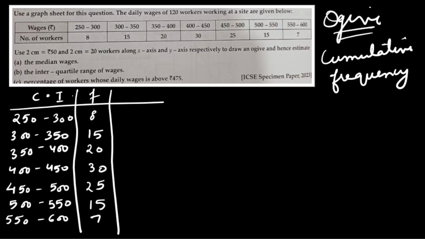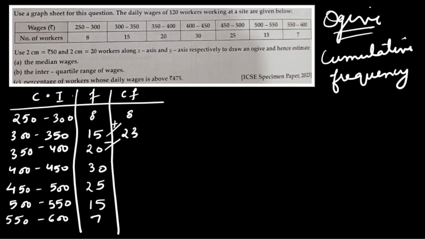We are finding the median here. So for the median, what we have to do? For the median, we have to find the cumulative frequency. I want you to tell me the answers of cumulative frequency. So the first frequency is the same. Then we have to keep on adding like this. So 8 plus 15, 23.